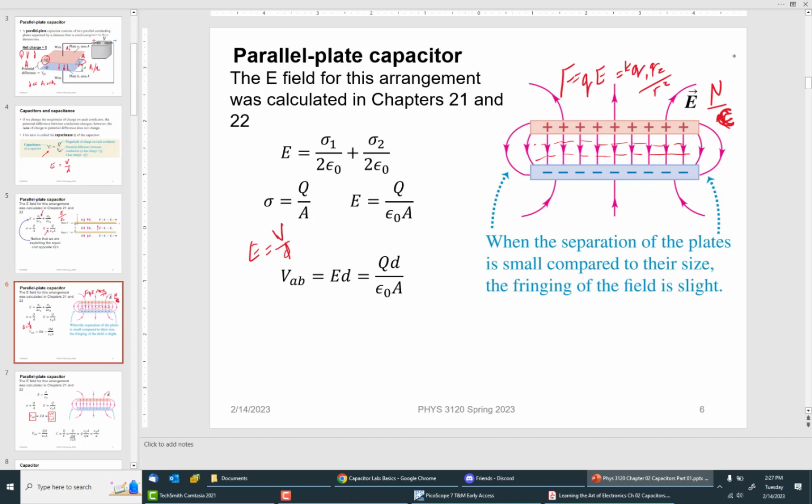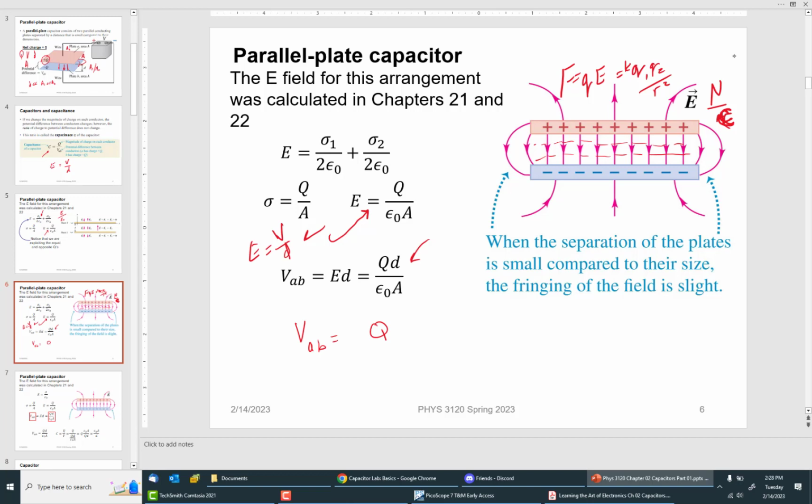So this equation is always true, and I want to rearrange it a little bit and put it back into my capacitor equation, the E field in my capacitor, and I end up with this. So now we have VAB.